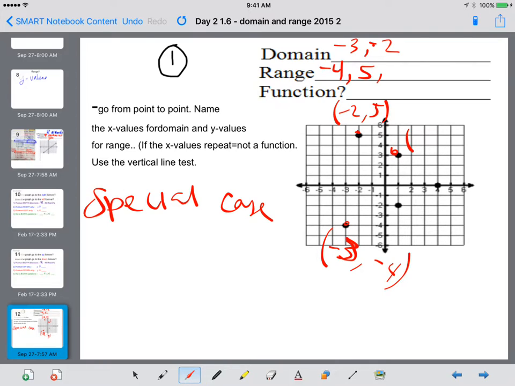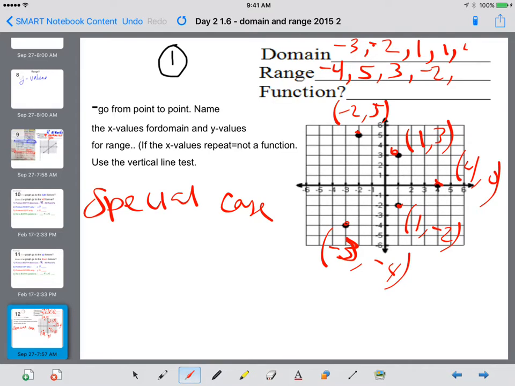Here I have an x value of 1 and a y value of 3. So 1 goes in the domain, 3 goes in the range. X value 1, y value -2. So 1 goes in the domain and -2 goes in the range. And my last point is at 4, 0.